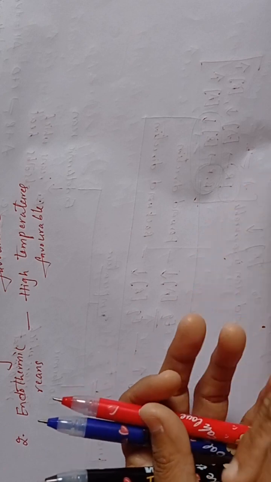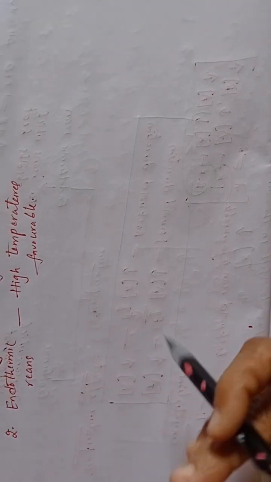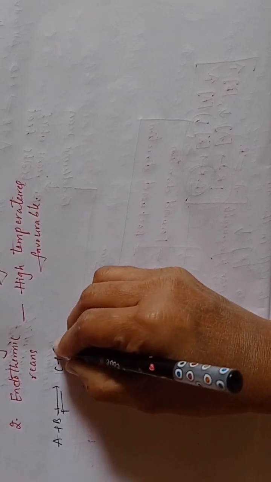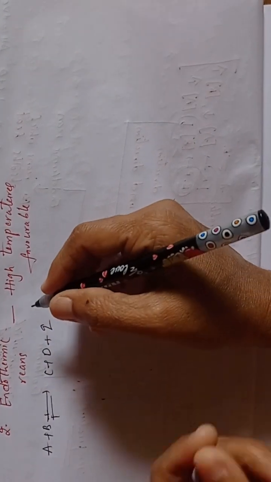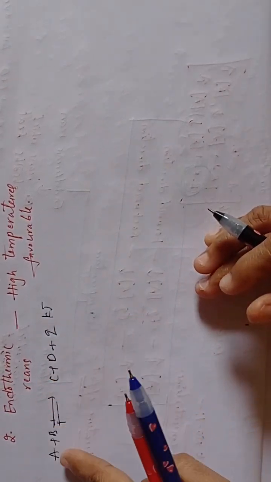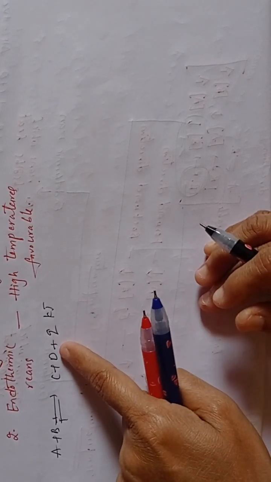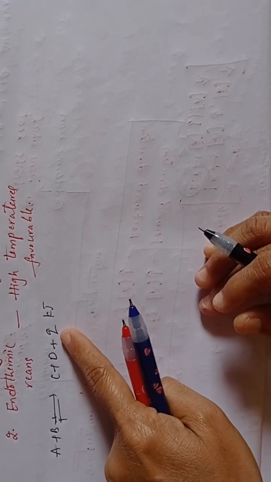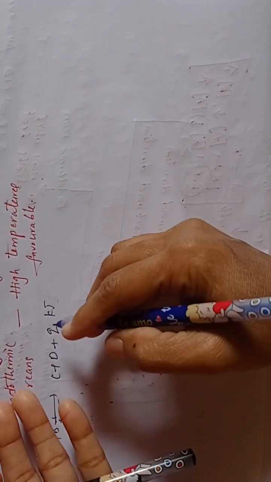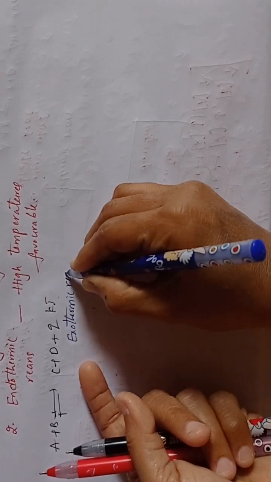Some reactions are written like this: A plus B gives rise to C plus D plus Q kilojoule. So in the reaction itself they mention the amount of heat, plus Q kilojoule along with the product given. That means the amount of heat is released. So plus Q kilojoule means you have to understand this is an exothermic reaction.